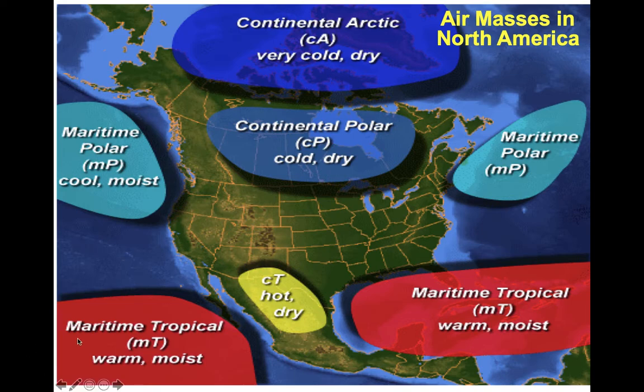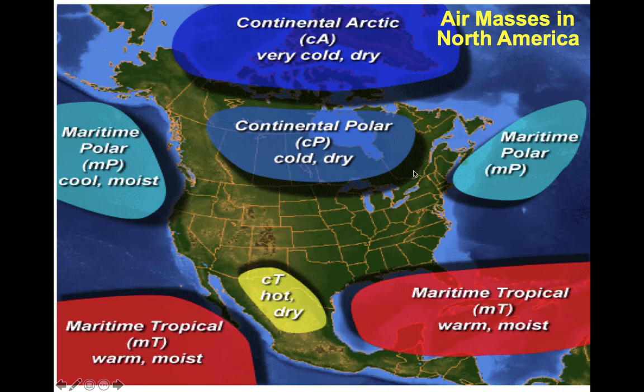It's coming from the southwest and picks up lots of moisture and warm air and brings lots of rain and warm air into the Baja California region and New Mexico and Arizona and Southern California as well. And then we have the continental tropical air mass in very southern United States and in Mexico. This is very hot and very dry, and so much of the Sonoran Desert is overlain by this continental air mass.